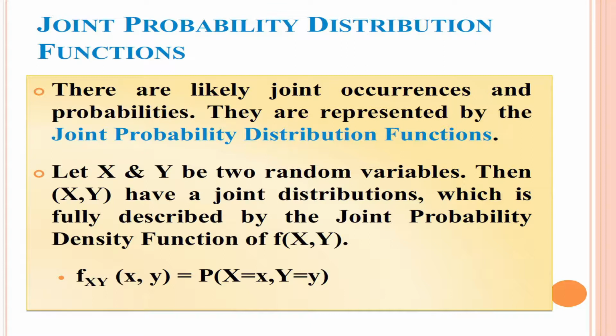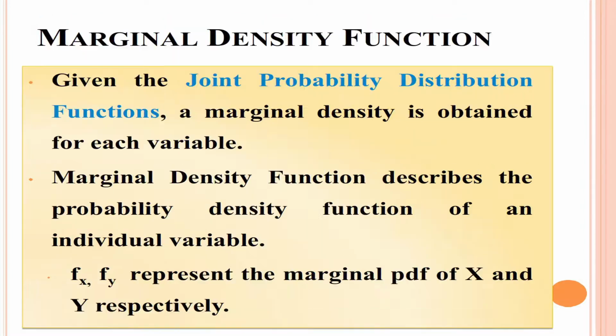F subscript capital X, capital Y of small x, small y is equal to the probability of capital X equal to small x, capital Y equal to small y. Now, let us define the marginal density function for the joint probability density function. Given the joint probability density function, a marginal density function may be obtained for each variable.